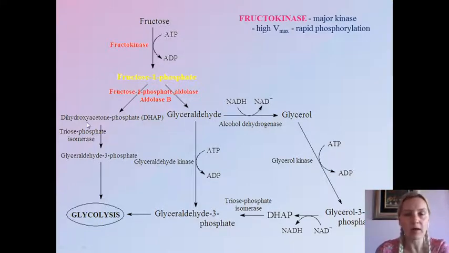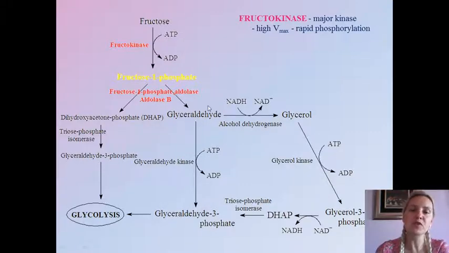It is very well known that DHAP is already a member of the glycolytic pathway, so by the action of triose phosphate isomerase, it's converted to glyceraldehyde 3-phosphate and further continues the glycolytic pathway. But what happens with glyceraldehyde? So from this point, we have two different options.